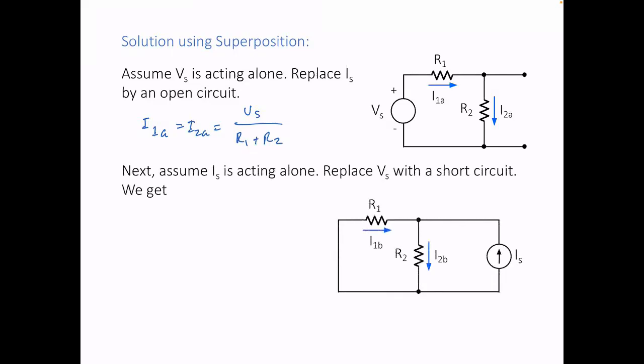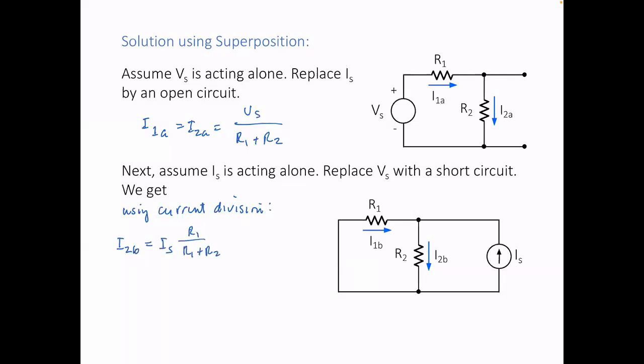If now I assume that I of S is acting alone, so this time I replace my V of S with a short circuit. I can get I1B and I2B using current division. So using current division, okay, I2B is equal to IS multiplied by R1 over R1 plus R2.